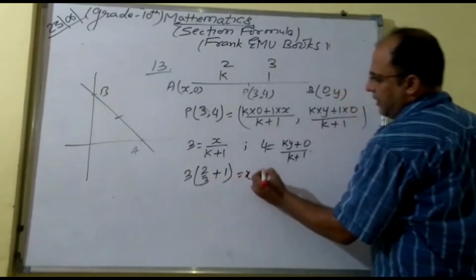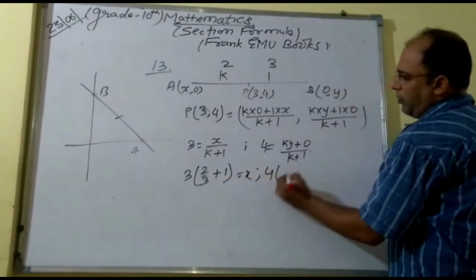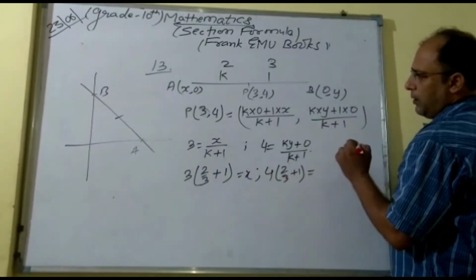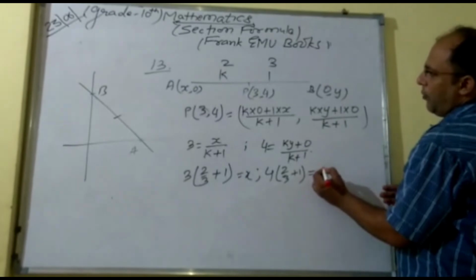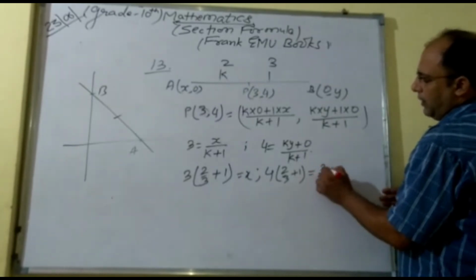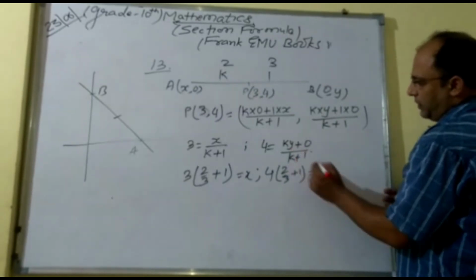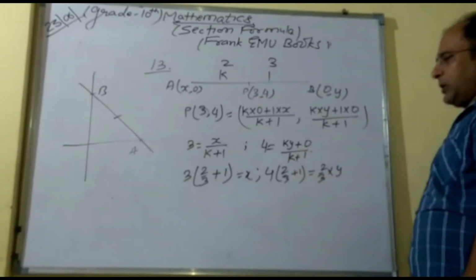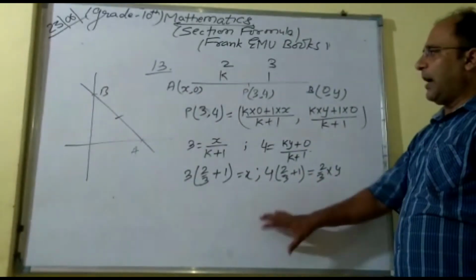Here 4, 2 upon 3 plus 1 equal to how much? 2 upon 3 into y. Y how much? You don't have. Right? On simplification, you will get the answer.